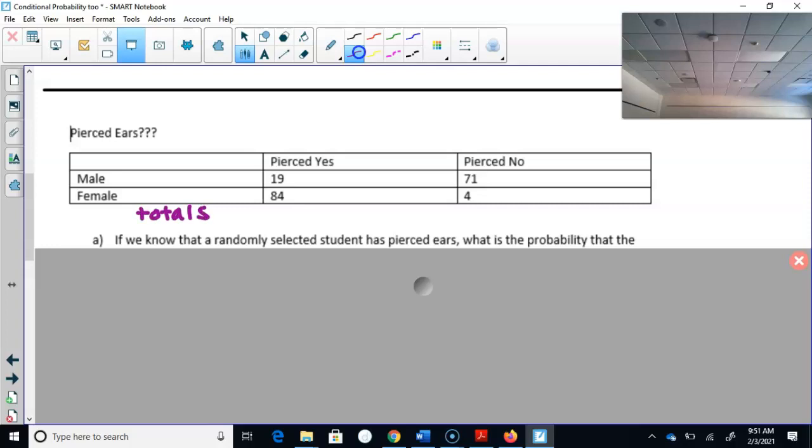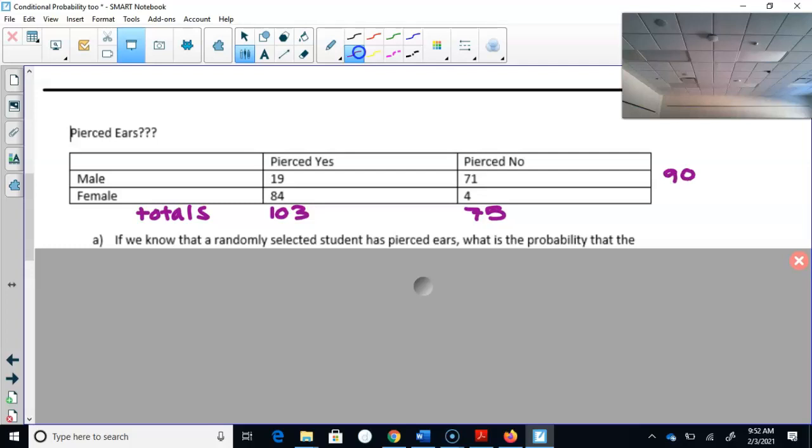So I'm going to take 19 plus 84, and that gives me 103. And then I take 71 plus 4, and that gives me 75. Total pierced ears, 103. Total no pierced ears, 75. Those people identifying as male, 19 plus 71, that gives me 90.